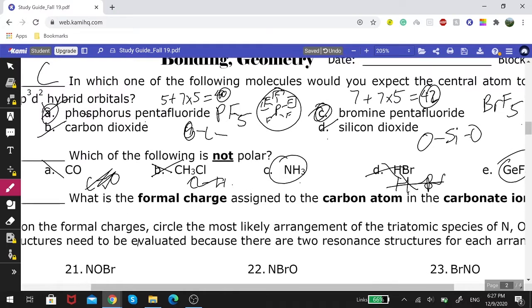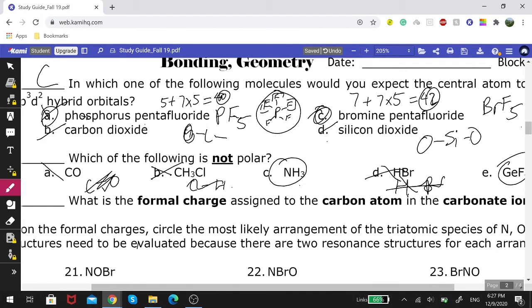Let's work with NH3. So we have N in the middle, 3 H's around it. Now in order to fill the octet rule, the N has to have a lone pair. Let's double check. 3 plus N, which is 5, is 8. So 2, 4, 6, 8. So this has to have a lone pair.